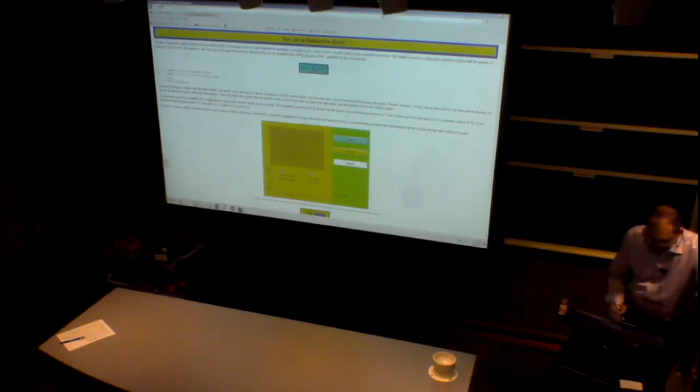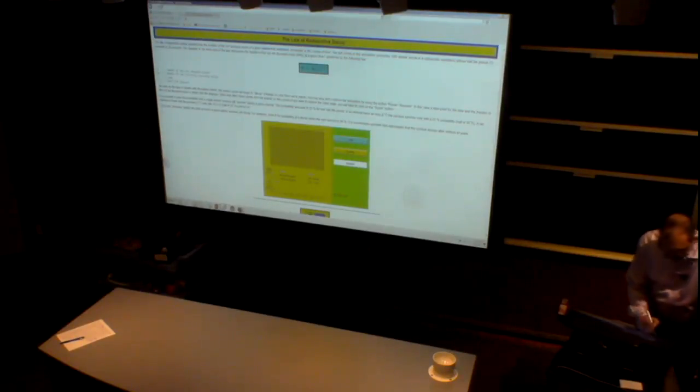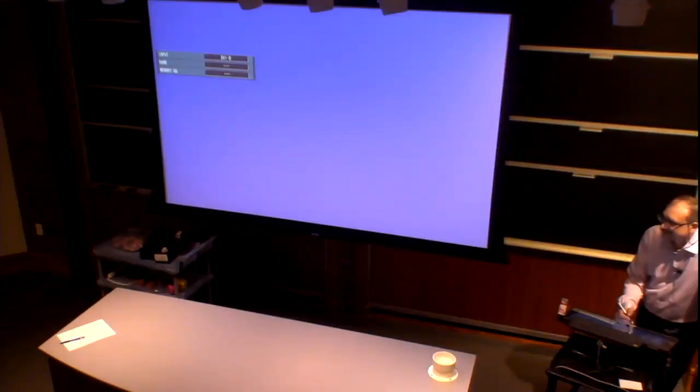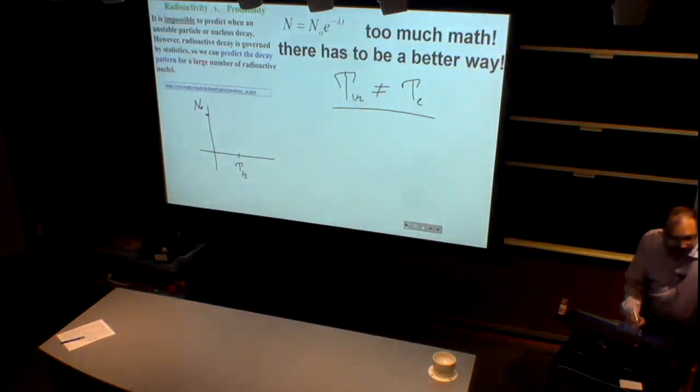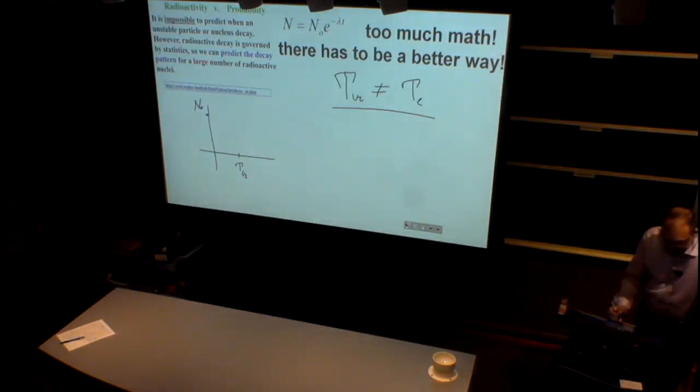A definition is if we start from a certain initial number and we wait exactly one half-life, on average, for a large sample, we should reach left exactly a half of the initial.